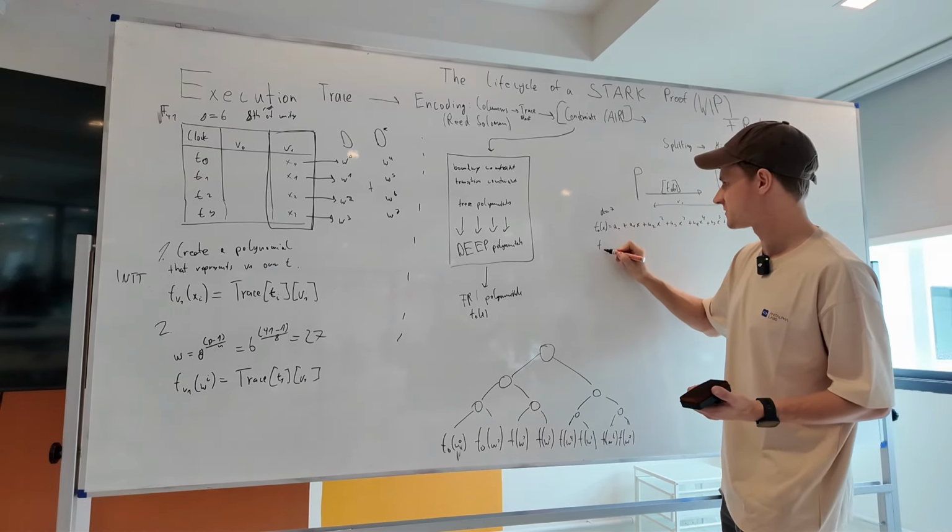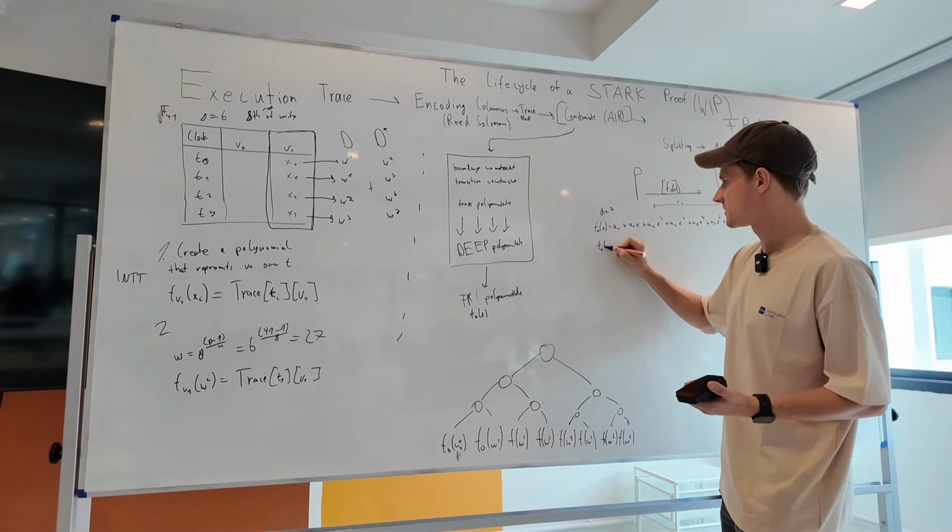I'm going to call this f0. f0, the splitting looks like f0 even of x squared plus x times f0 odd of x squared. So this is how the splitting works, right?